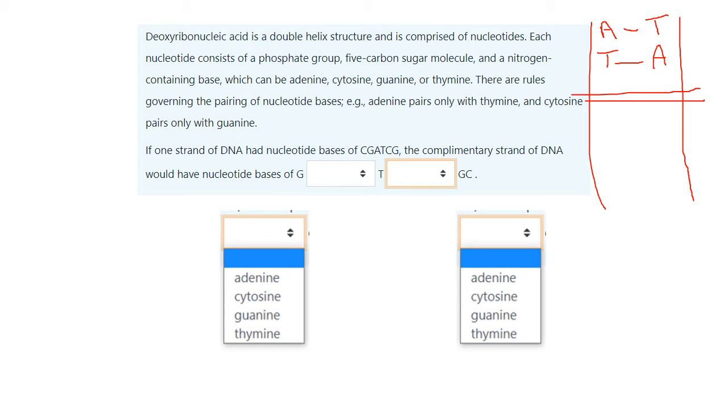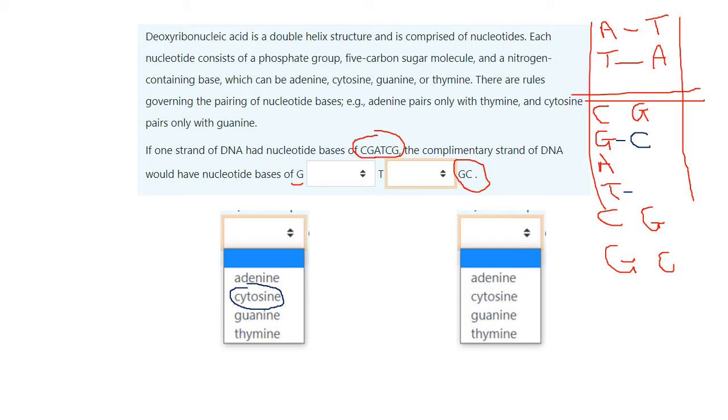So in the question, we have part of a strand of DNA, which is CGATCG. We're told the last two parts will be C and G. We're told that the first part is G. And we are asked to work out the second and the fourth. So G always goes with C. So the first answer would be cytosine.